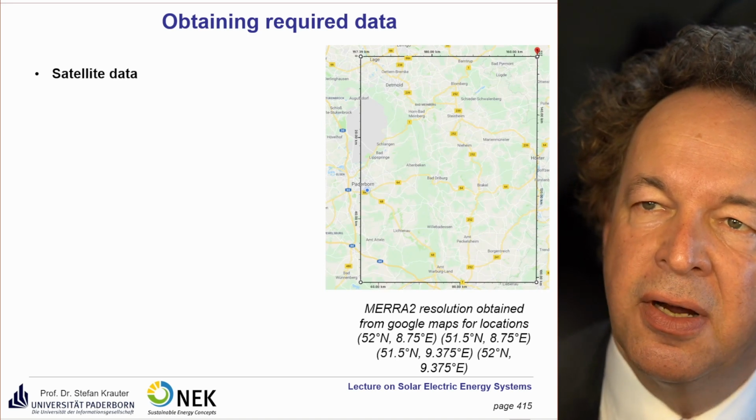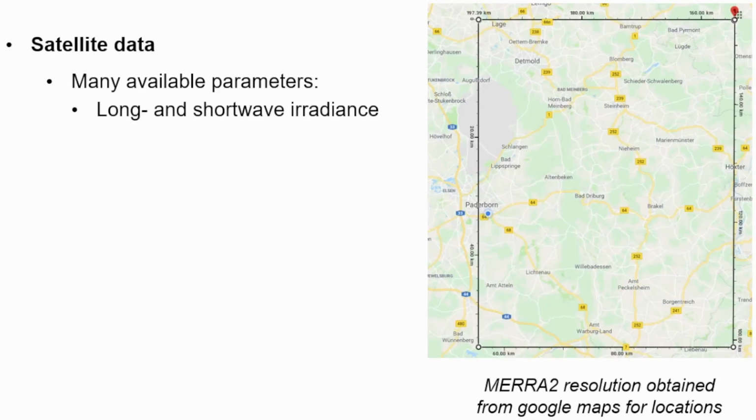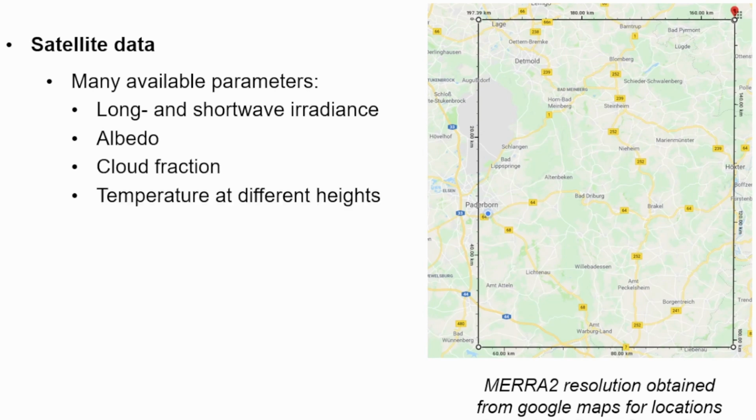This is the MERRA data. So you have here the resolution of the MERRA. You can even distinguish between different wavelengths. Also albedo, always quite relevant for satellite data, because sometimes the satellite doesn't see ground reflection. It may see reflection from cloud layers. The temperature may differ at different heights.